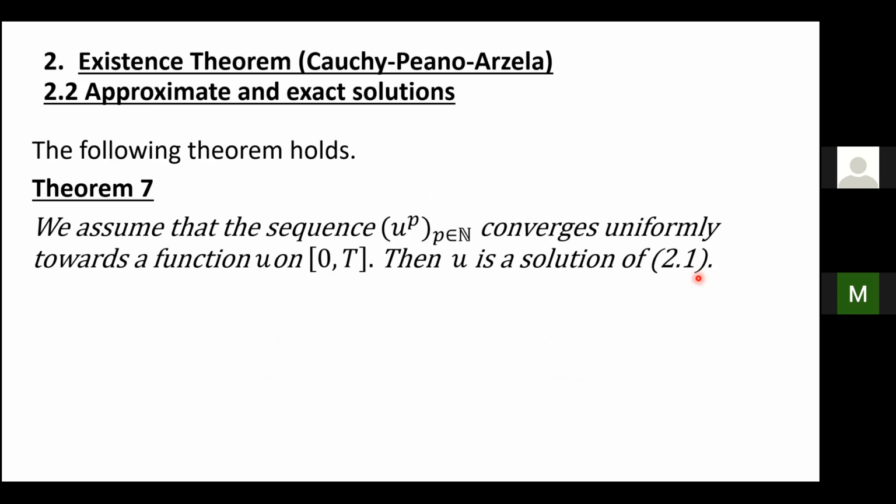We have just proved it. If I construct UP thanks to the Euler method, then UP is Lipschitz with the constant m, which depends only on f.